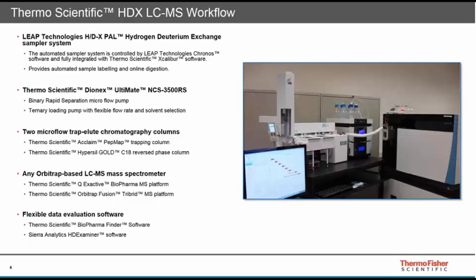This photo shows just an example of a setup that we had once in the marketing lab in San Jose, consisting of the HDX autosampler here in the middle. Here in the back we see the pump and also the Orbitrap Fusion mass spectrometer.